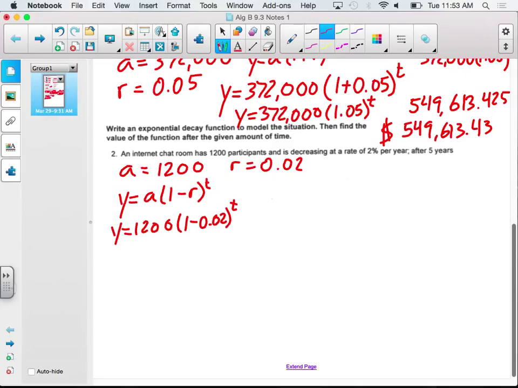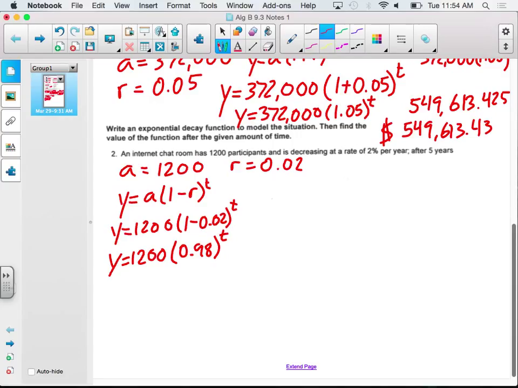Are we done yet? No, still one more step. So y equals 1,200 times 0.98 to the t.